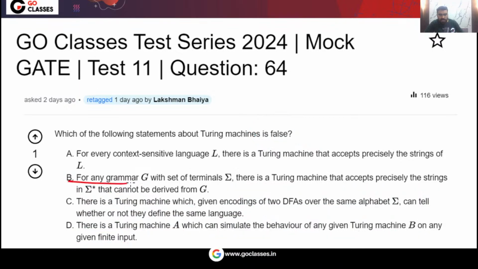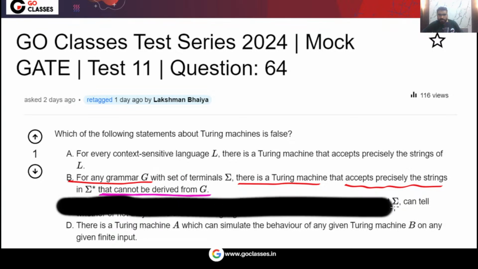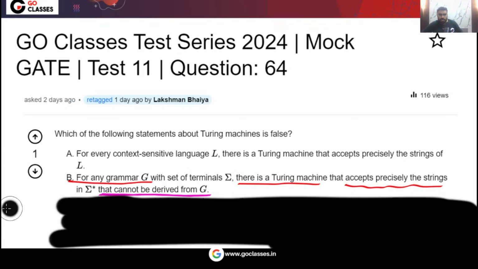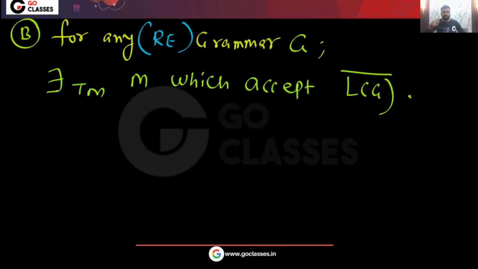Whatever grammar I give you, there is a Turing machine that will accept what cannot be derived by the grammar. What cannot be derived by the grammar is nothing but L(G) complement. So the question is saying for any RE grammar, there exists a Turing machine which will accept L(G) complement.